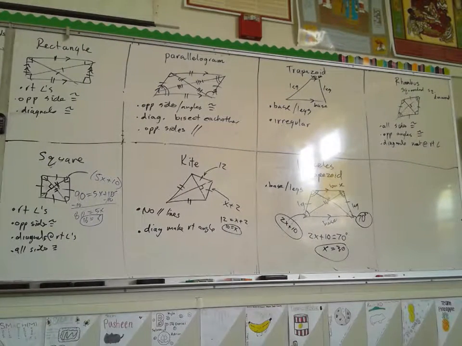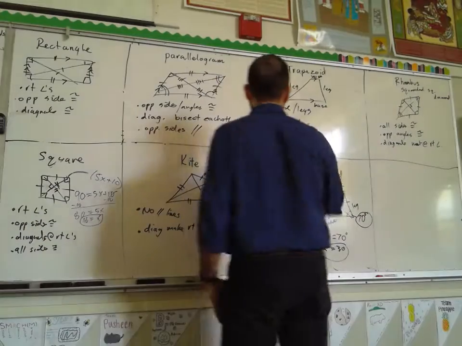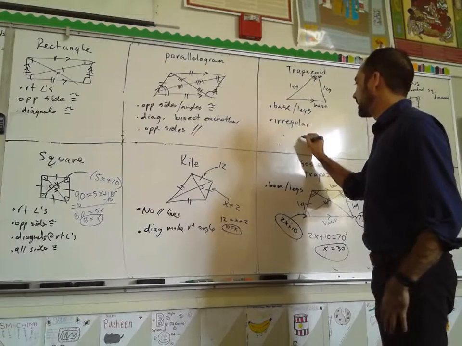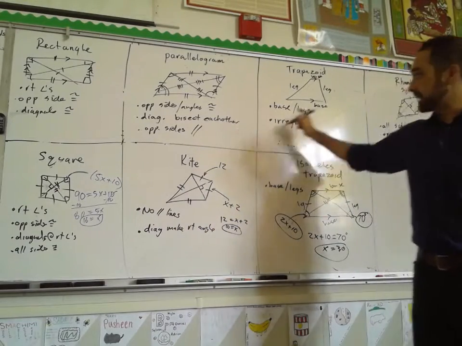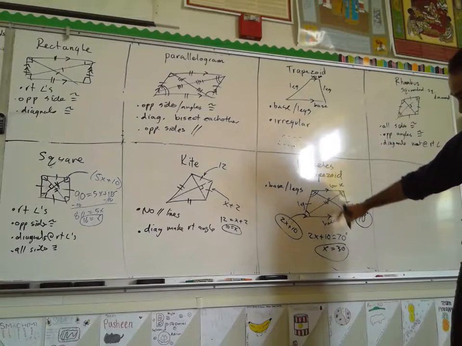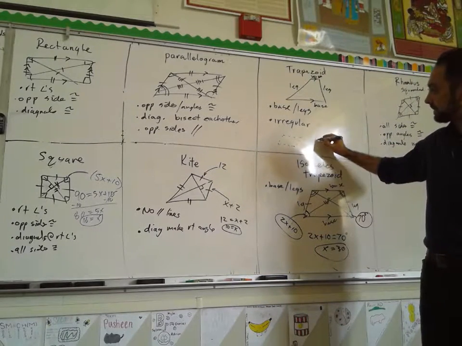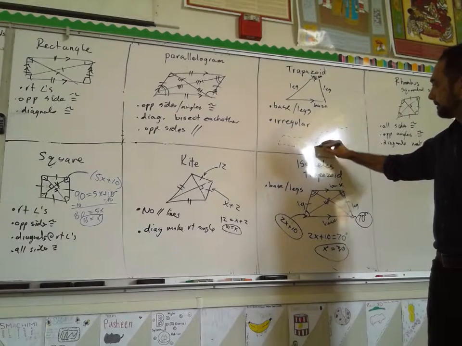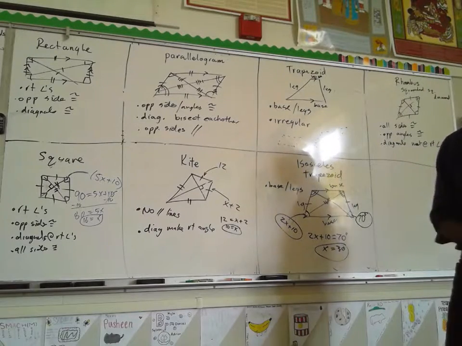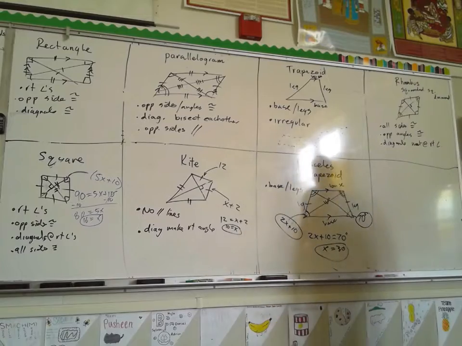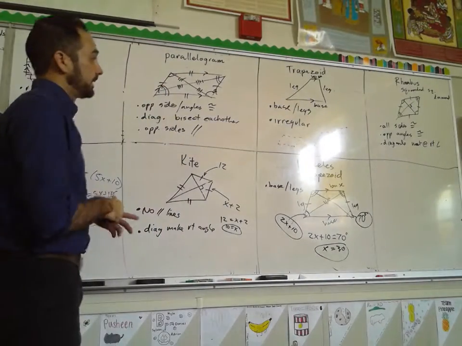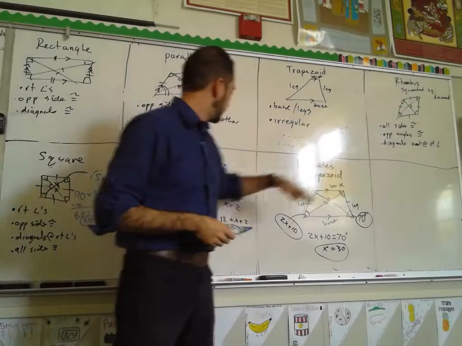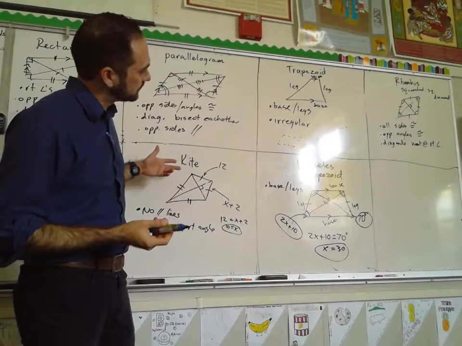So those are the type of problems we're going to face. We'll also be given some points that we have to figure out what kind of shape the points make. You're going to use all these guidelines, and just the tick marks should help you. So if I end up with a shape like this, what shape would that work with? Let's see. Definitely not a rectangle, not a square, not a parallelogram because the sides aren't parallel to each other, not a kite, close.